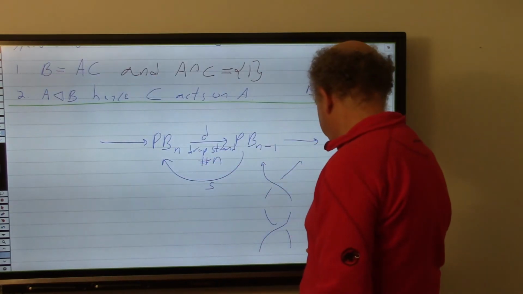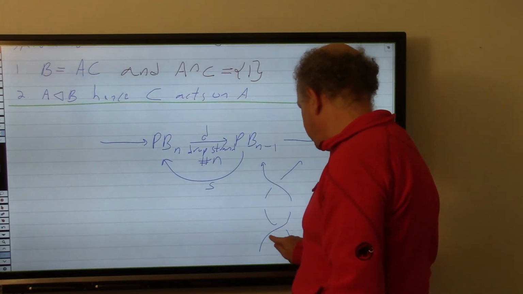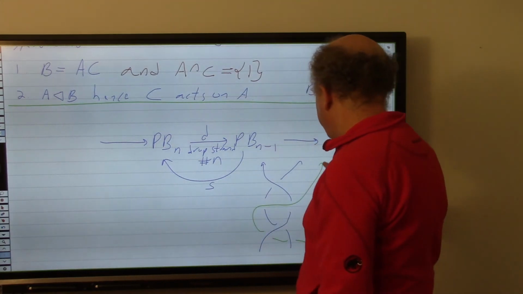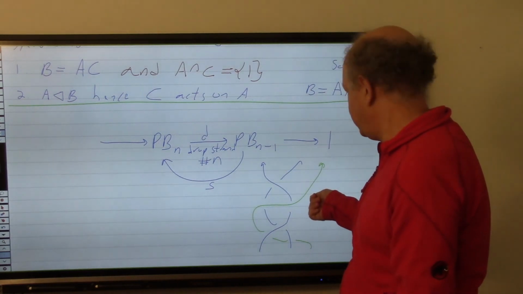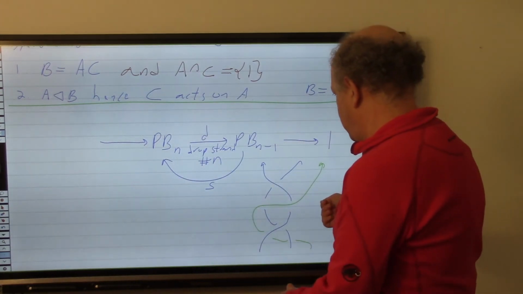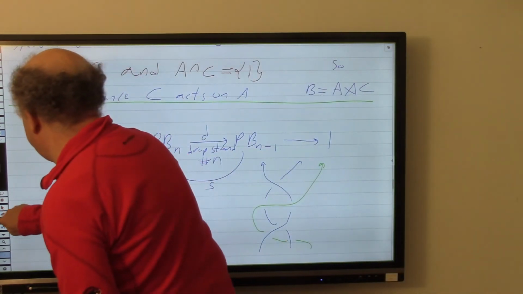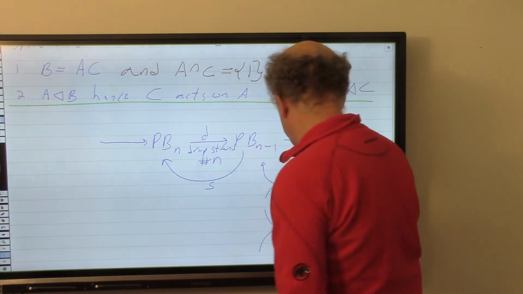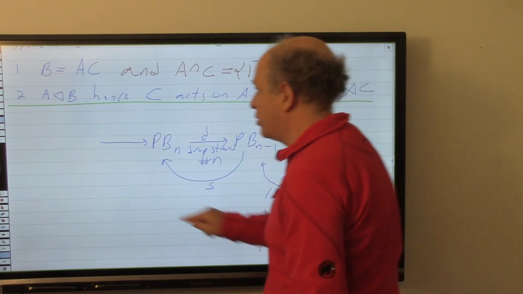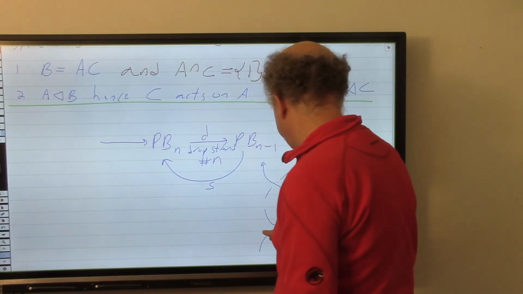So the last strand would do something non-trivial, but the braid becomes trivial if you drop the last one, right? I'm sorry, I maybe should have prepared a picture in advance, but anyway.